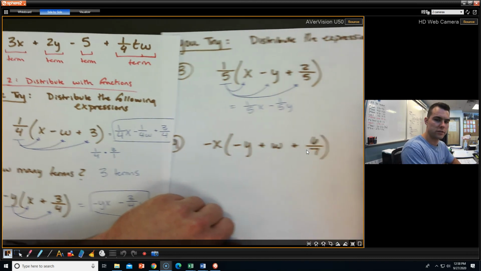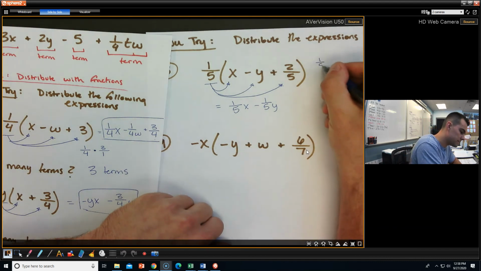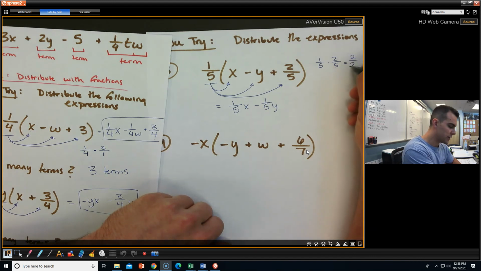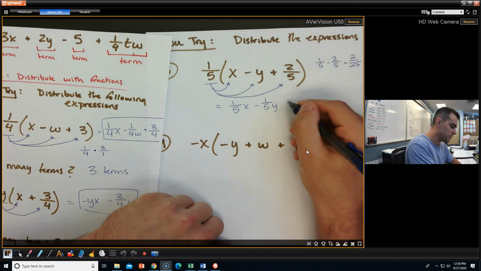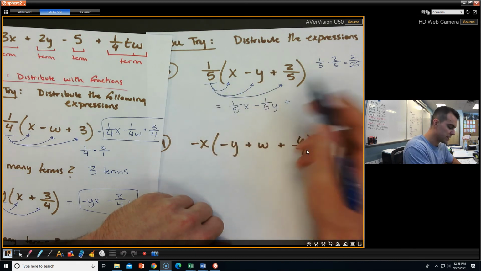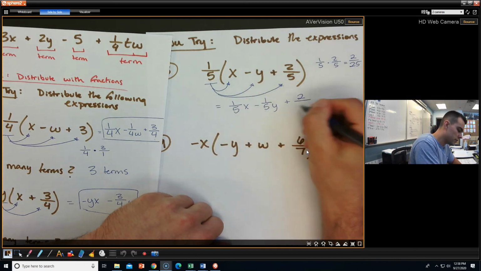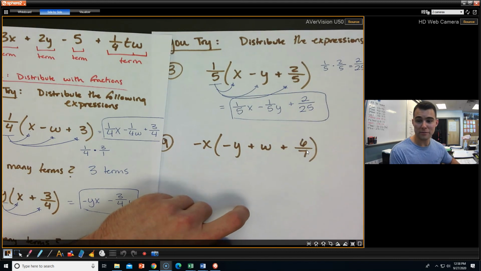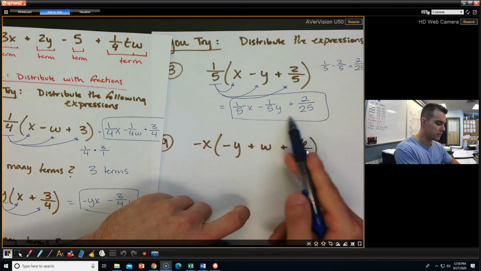Again, if it helps, write it off to the side. We multiply the top, we get 2, multiply the bottom, we get 25. So this is plus, positive, 2/25. How many terms do we have? We have 3 terms.